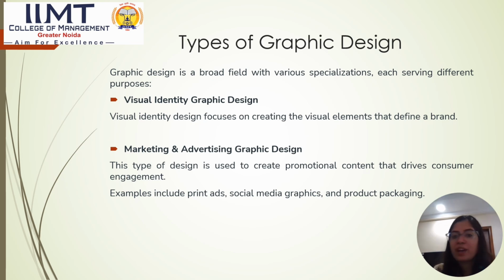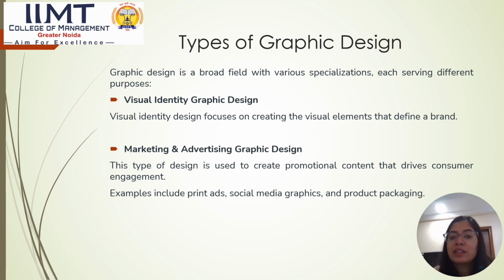So now we will try to understand different types of graphic designing. As we have discussed, there are different purposes to use graphic designing, and here are some types. The first one is visual identity graphic designing. What is visual identity graphic designing?